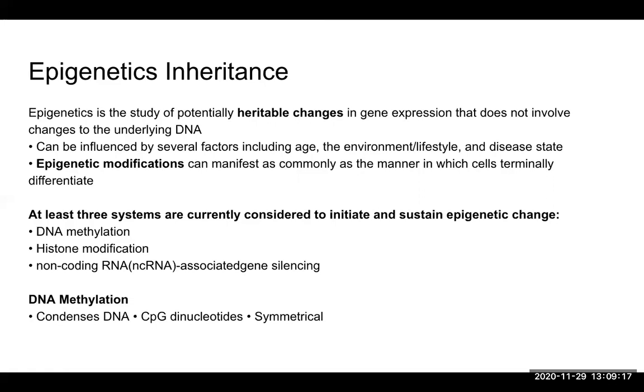Epigenetic modifications can manifest as commonly as the manner in which cells terminally differentiate. At least 3 systems are currently considered to initiate and sustain epigenetic change. To start, you need DNA methylation, and next you need histone modification, and then you also need non-coding RNA.